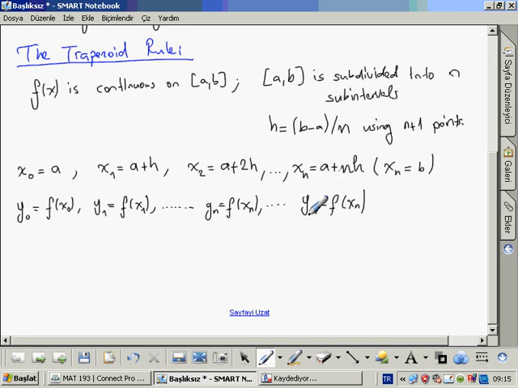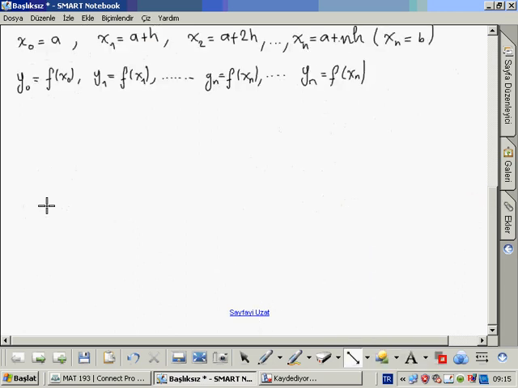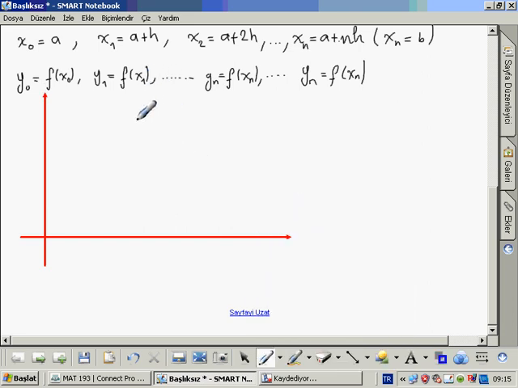After that, let's sketch a function curve on the coordinate system to understand this trapezoid rule.